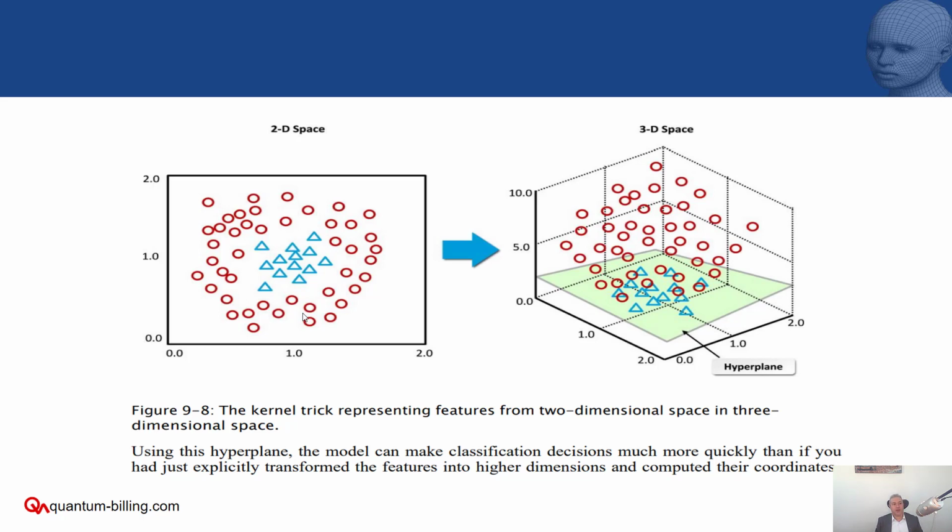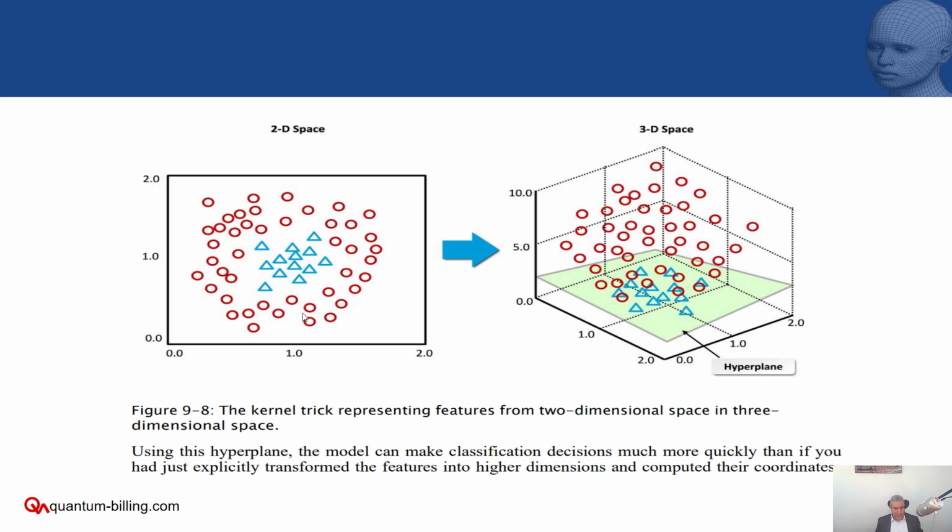Especially if you have huge data, transforming it into a higher dimension is going to be computationally expensive. So there's a trick to solve that problem. Instead of transforming all the data into the higher dimension and then doing the calculation, we do the calculation in the lower dimension, then transform the result into the higher dimension.